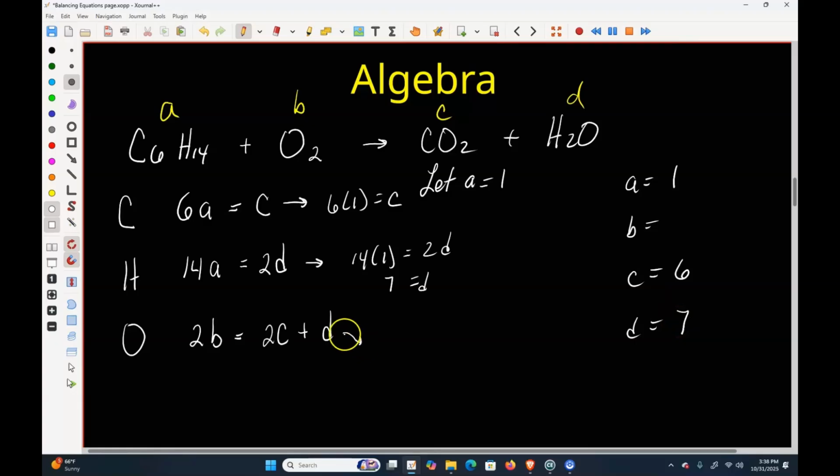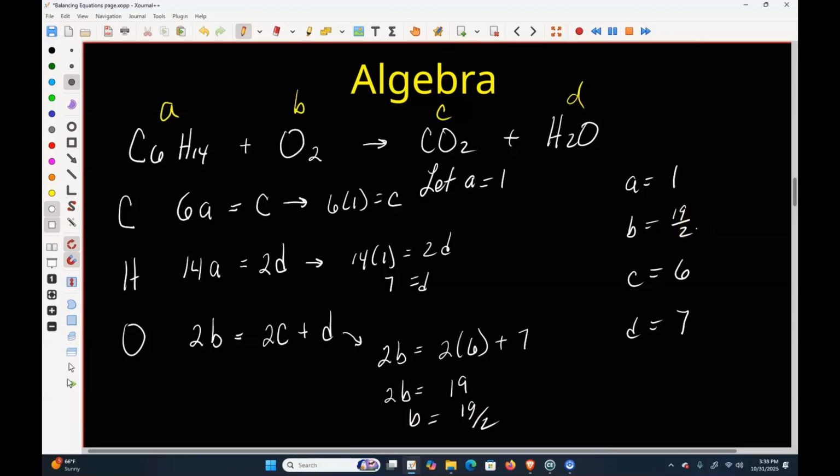In this last equation here, I have 2 B's equals 2 times C plus D. That gives me 19. So B equals 19 halves.